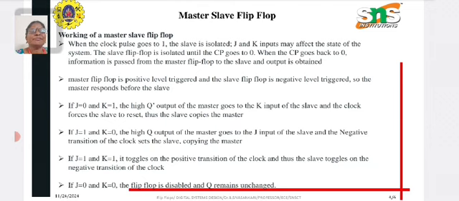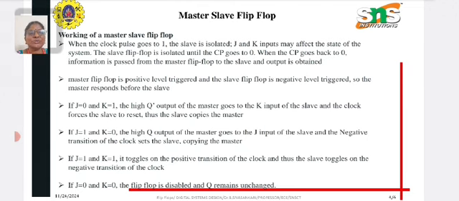The slave flip-flop is isolated until the CP, our clock pulse, goes to 0. When the clock pulse goes back to 0, the information is passed from the master flip-flop to the slave and the output is obtained. The master flip-flop is positive level triggered and the slave flip-flop is negative level triggered. So, the master responds before the slave.